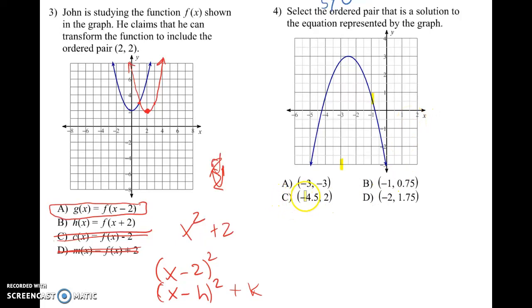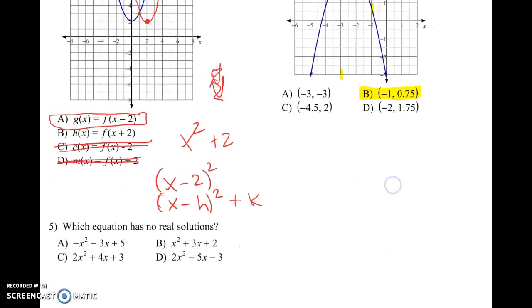Let's try C. C is negative 4.5, 2. That point up there is not on this. And D, negative 2, 1.75 is not. So it looks like B was the only one that was a solution, the only one that lied on this function.